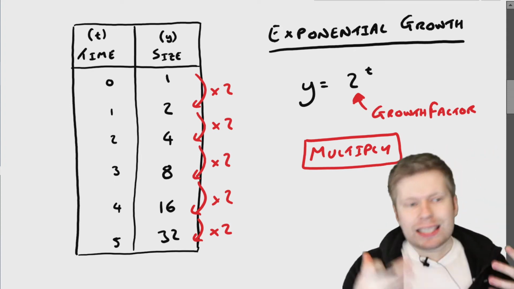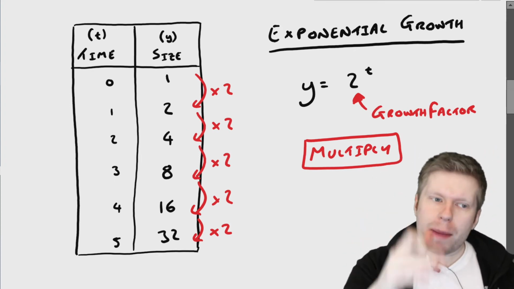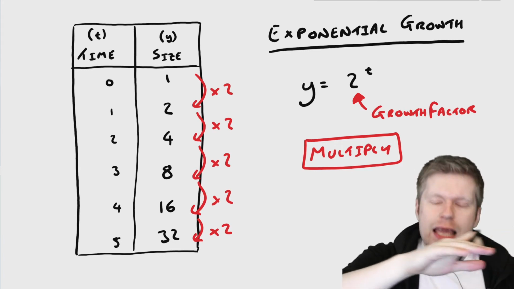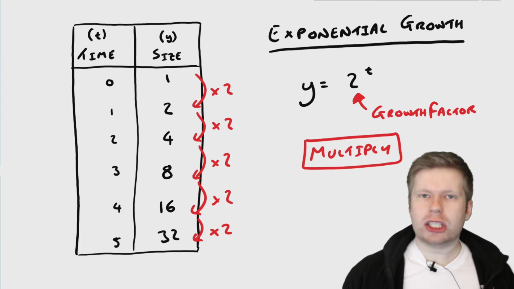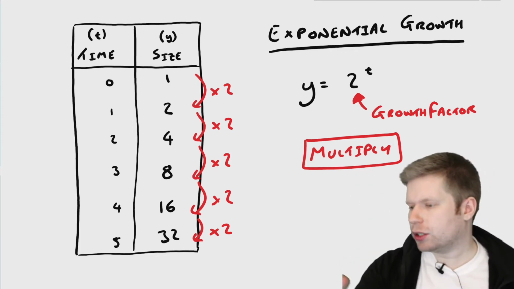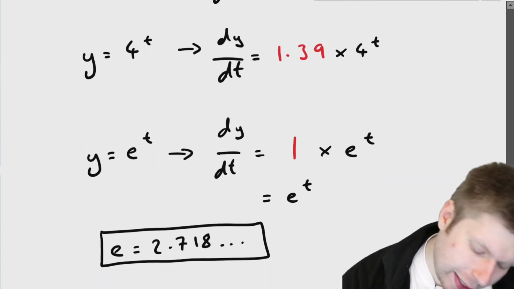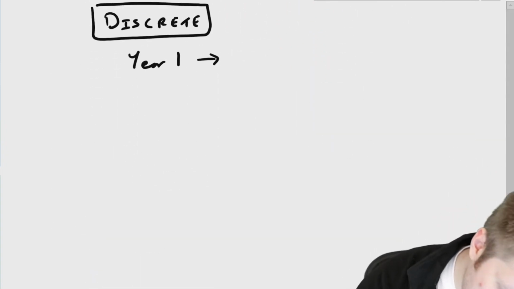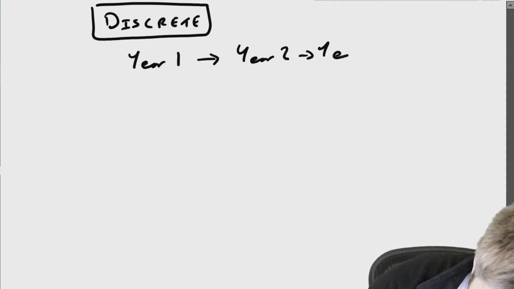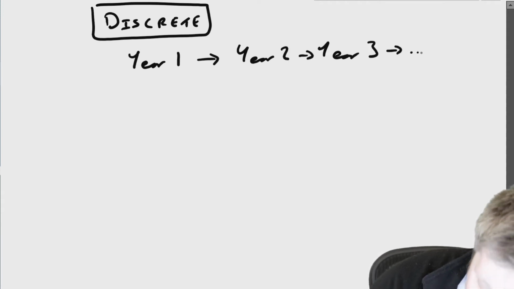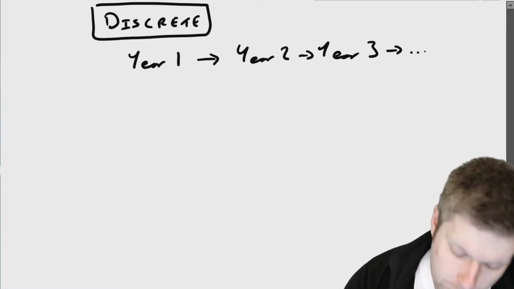So in other words, I'm basically assuming here, inherently built in with this model, that my population will remain the same for the entirety of the year, and it will only change as soon as the clock ticks over to year 2, or as soon as the clock ticks over to year 3, etc. Now, clearly, if you're basically saying that growth is only happening at discrete time intervals, so it's only happening at like year 1 or year 2 or year 3, and it doesn't actually grow in between those time periods, then we have a discrete time interval, okay?